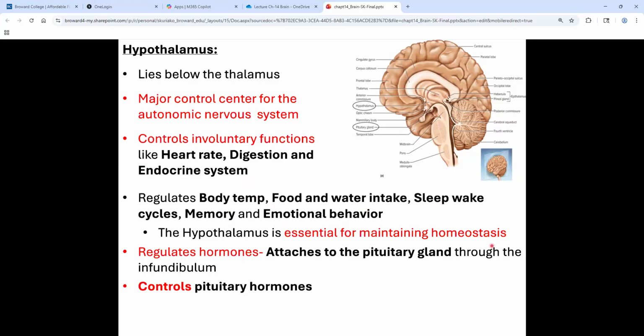We call that homeostasis. Homeostasis is the basis of life. We want everything constant. When you move away from that constant environment, you become sick. Homeostasis is the basis of life.